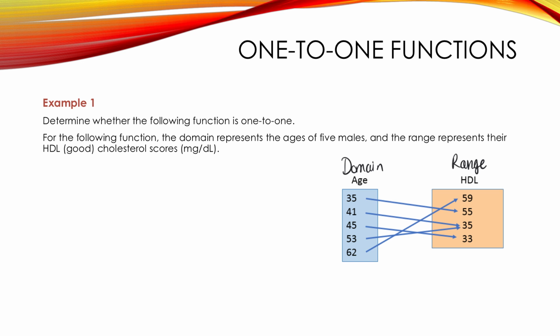If we look at what we have here, we can see that each arrow goes to one value until we find this one goes up here. Oh, but here's the problem. 53 also goes to 35. So 41 and 53 are distinct inputs, but they have the same output.